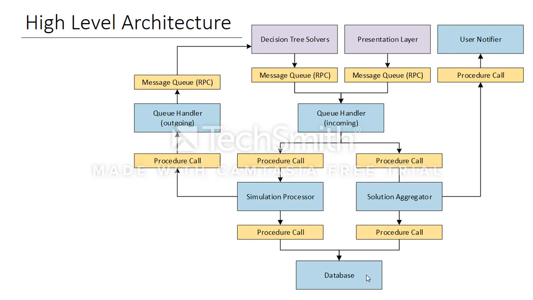If it has, it sends a message to the user notifier, which sends the email out that you'll see shortly. You'll note that the database here is a blue box, although it does run on its own server. There is a database component within this architecture level. However, the database itself is a MySQL database that runs on its own server.